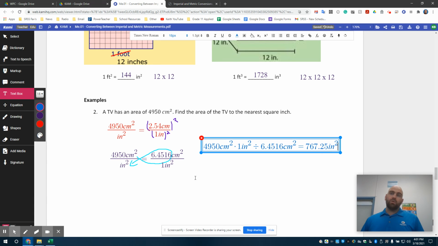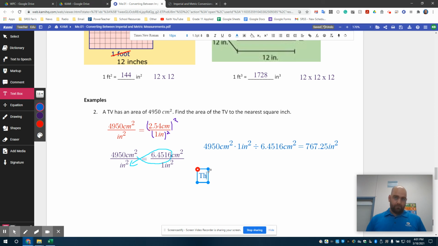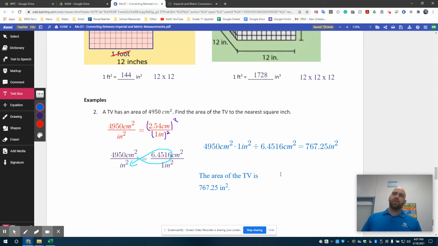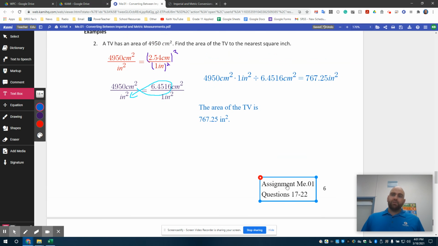Okay, so the area of the TV is 767.25 inches squared. Now again, units are super important. We need to make sure that we are accurate with our units. We make sure we are showing our units in every case so we know what type of measurement we are dealing with.